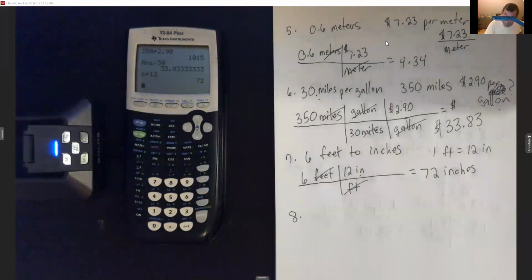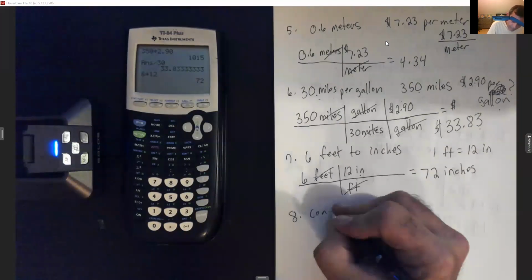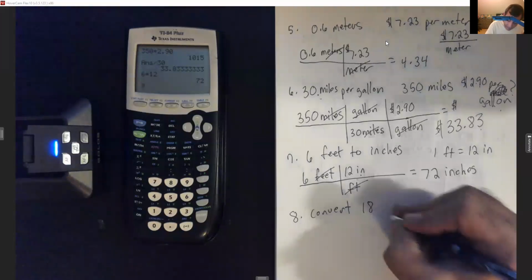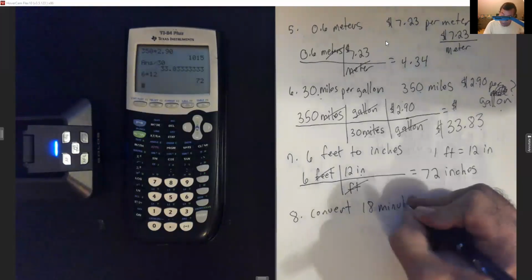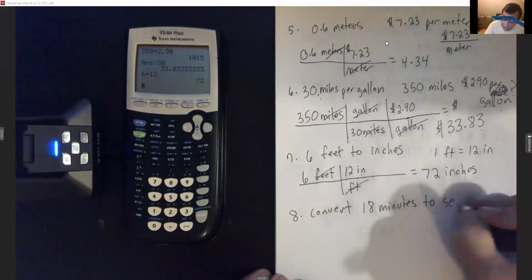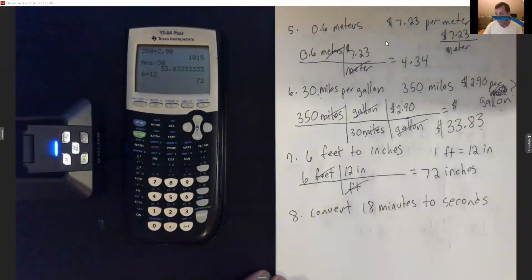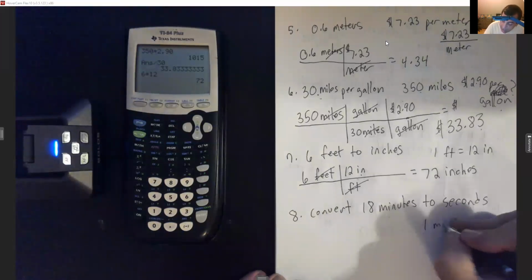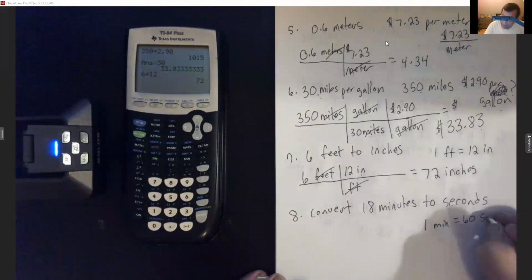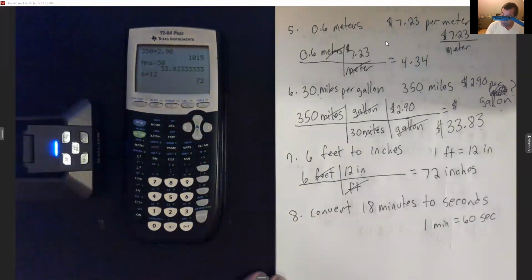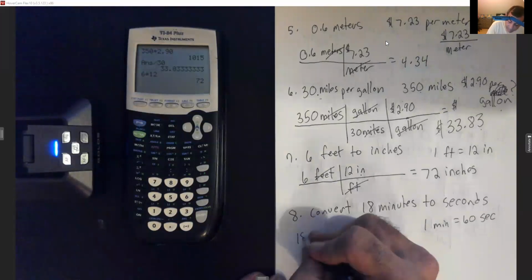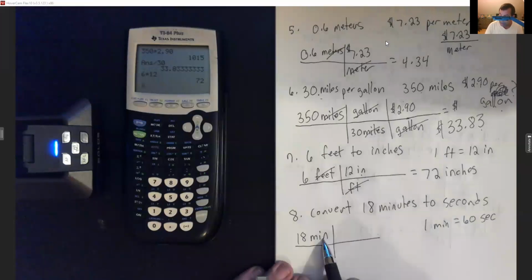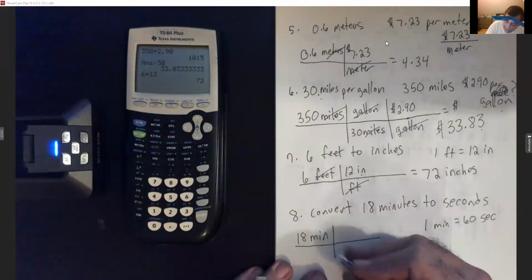All right, 8, we're going to convert 18 minutes to seconds. So I know that conversion from minutes and seconds is 1 minute equals 60 seconds. So we're starting with 18 minutes. And remember, I need to put this so that these minutes will cancel. So I'm going to put my 1 minute down here.